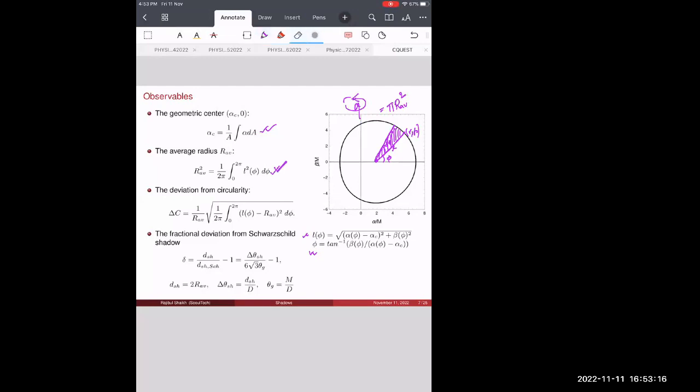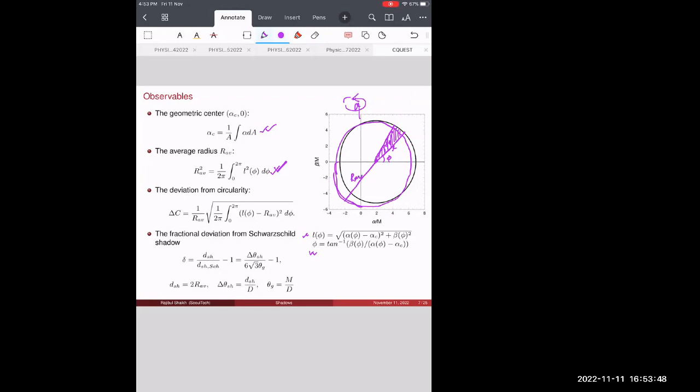Now we can also define deviation from circularity. Suppose the circle of radius r average looks like this. It is not exactly a circle, but consider it to be a circle of radius r average. So this is r average.